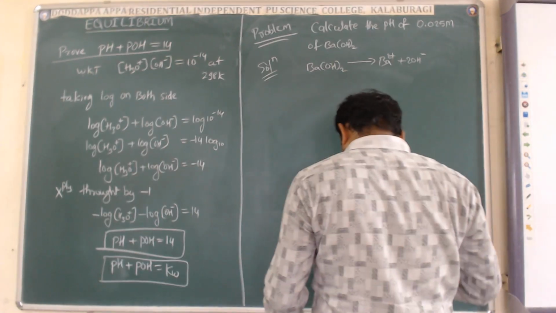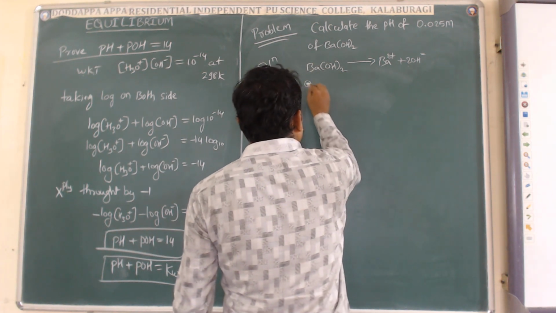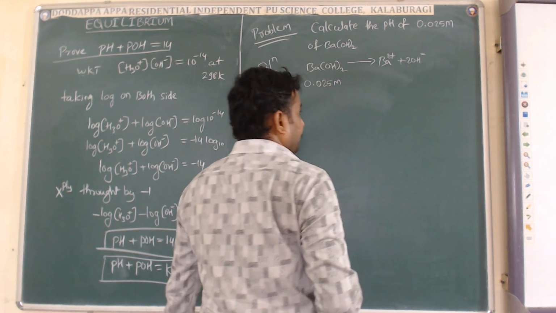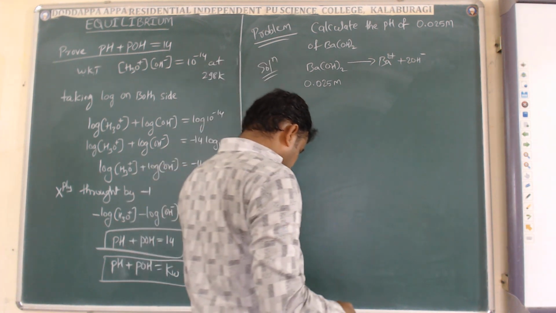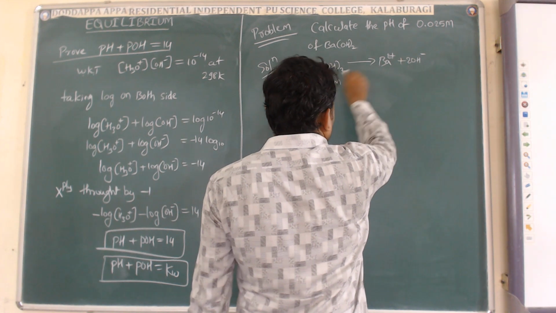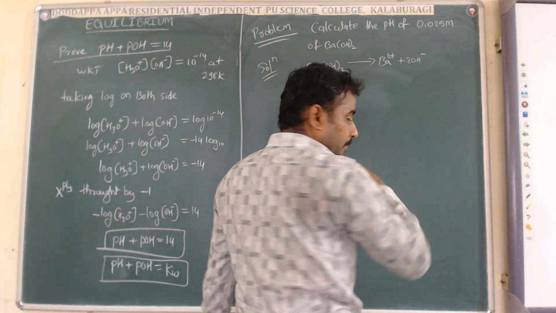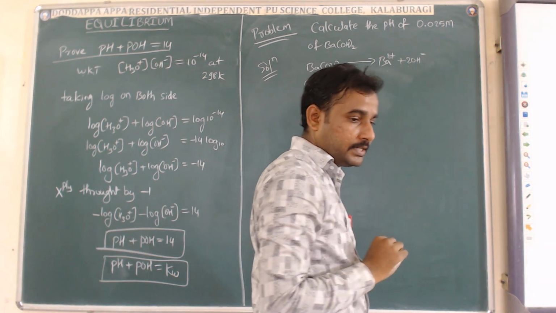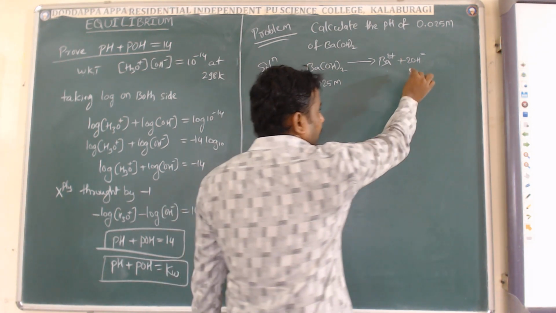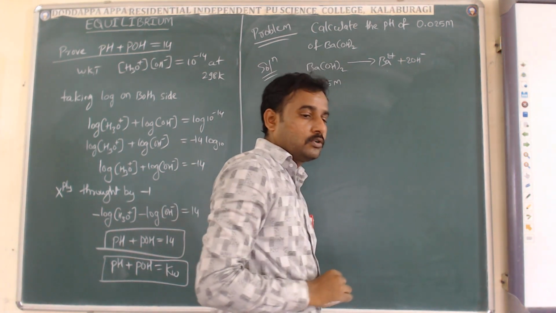Next, what you have to do is write down the first: 0.025 molarity of barium hydroxide. Suppose, so here what happens? The number of barium ions on the reactant side and product side are equal. If it is 0.025 molarity here, then here also it is 0.025 molarity.